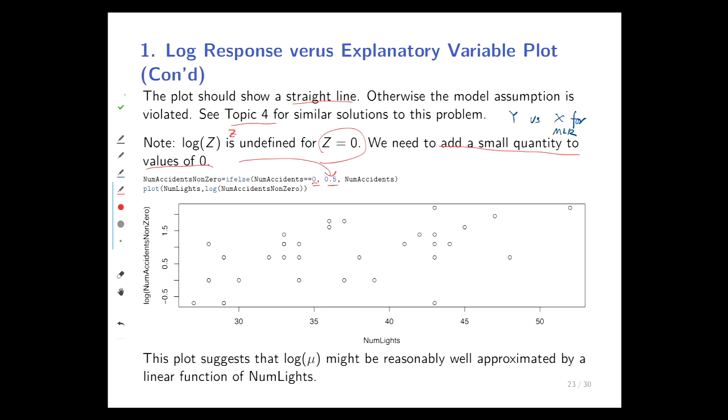So by using this if-else function, we can actually define a new number of accidents without any zeros. So basically, we only replace those 0 elements by using 0.5, a very small quantity. And then we just plot the log of the number of the car accidents versus the number of lights.